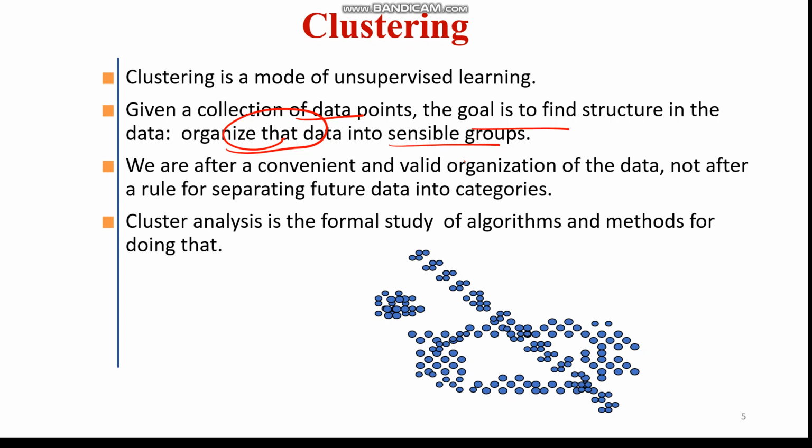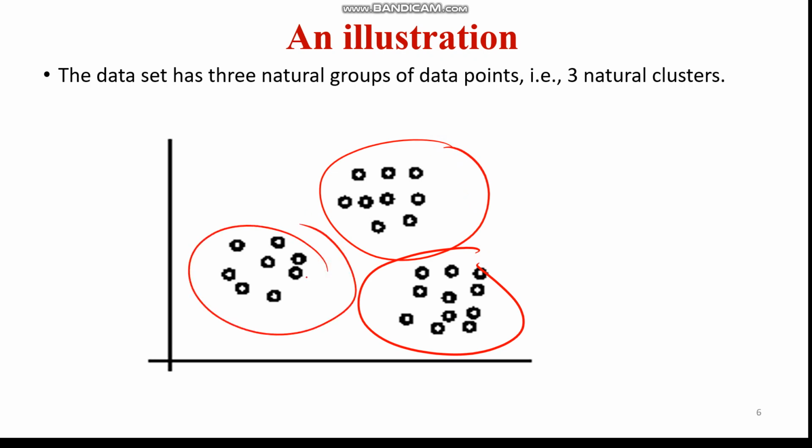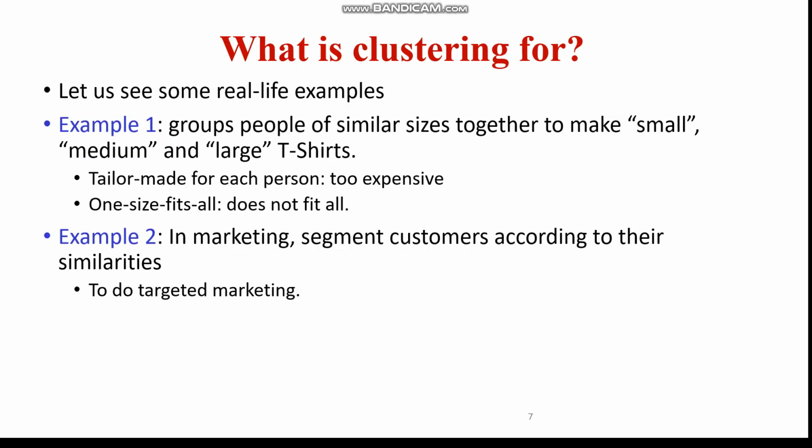So here it is a convenient and valid organization of the data, and we are not running after any rule. In this case, we can say there are three clusters. We have formed group 1, group 2, group 3. Based on certain similarities, three groups have been formed, or you can say three clusters are formed.